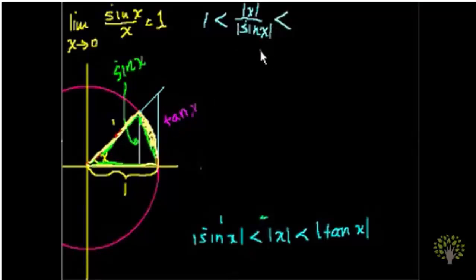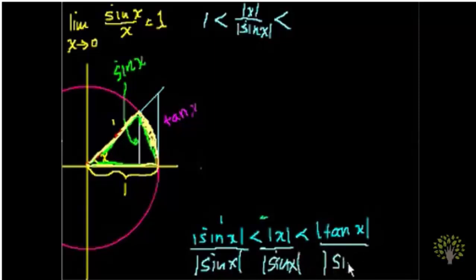which is less than, all I'm doing is taking the absolute value of the tangent of x and dividing it by the absolute value of sine of x. So what's that equal to? Well, tangent is just sine over cosine.